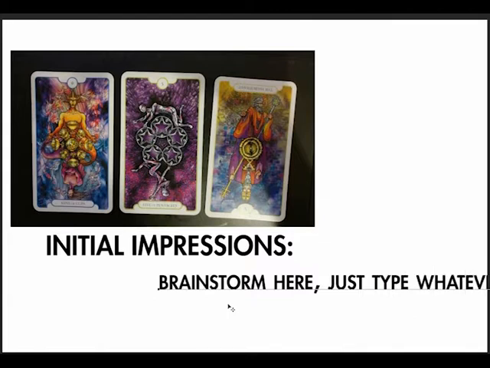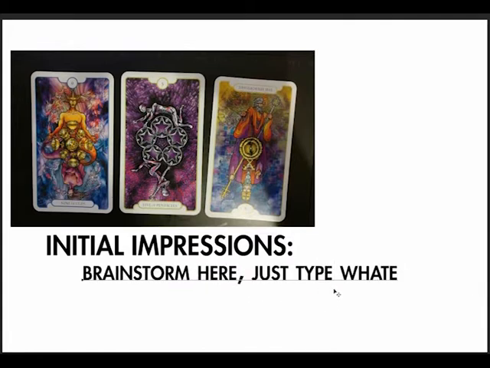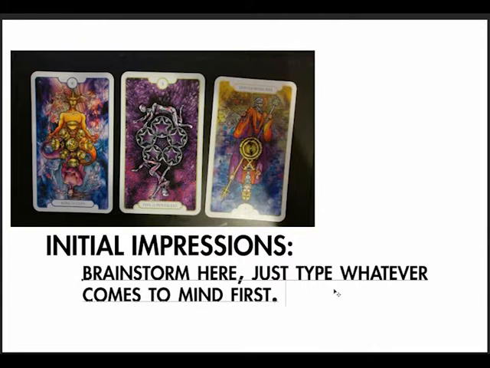And that helps you move past those so that you can go into the secondary impressions, which are really the most important ones when you're doing the reading. But also by doing the initial impressions, the intuitive part of it is also starting. So anything that's not personal bias in the initial impressions, when you write those down, it'll be your first sixth sense idea of what might be going on in the reading.